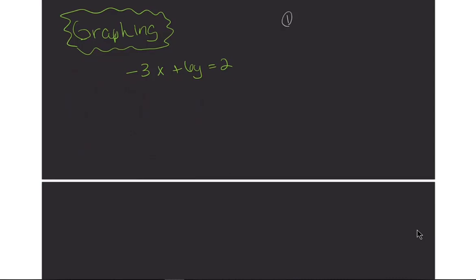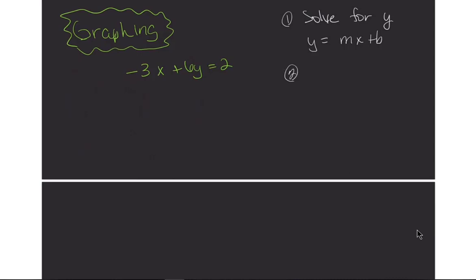One thing you could do is solve it for y. So you'd get y equals, and you'd actually get it in y equals mx plus b form, right? So if I wanted to get y all by itself, whichever way you want to do it, you can add 3x over and then divide by 6, right? It's one thing you could do.